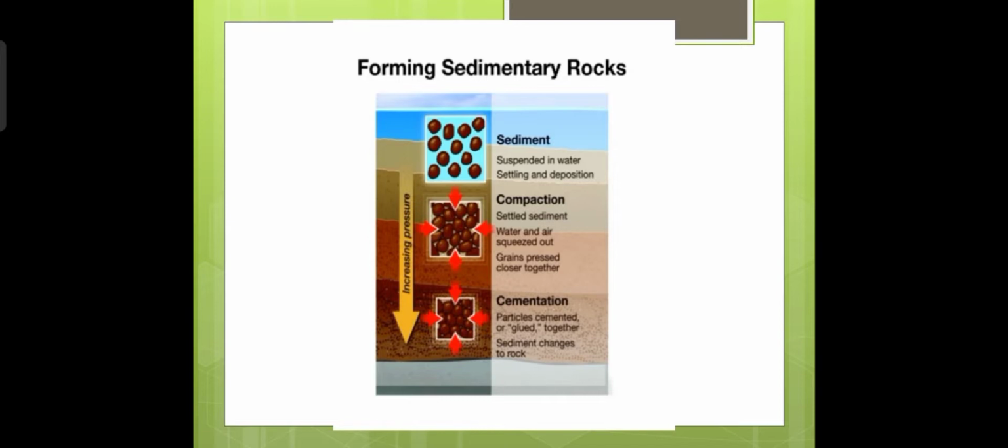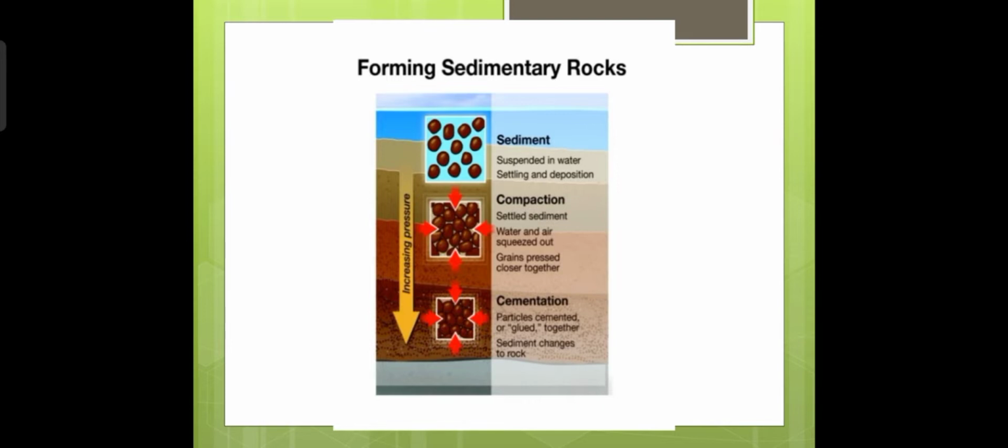In many places, garbage undergoes compaction after it's collected, so it takes less space. The process of making sediments more compact or dense and very thickly packed together is compaction.